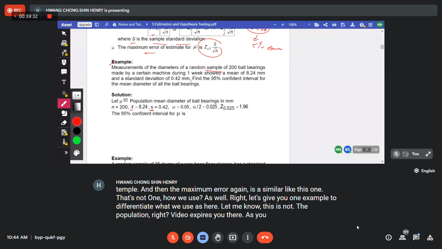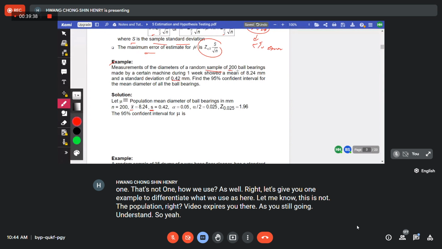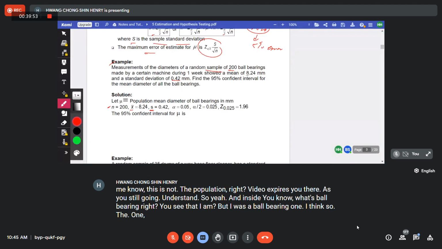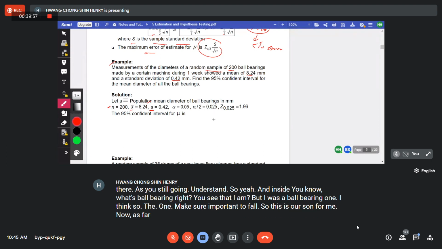S is 0.42. Your n is 200. You know what a ball bearing is, right? Is it in the tire? Car tire, bicycle tire, there's a ball bearing. So the 1 week mean shows 8.24. This is your sample mean, X bar.